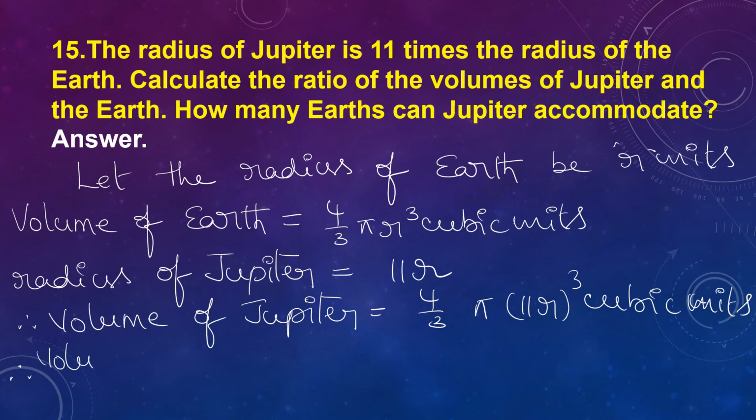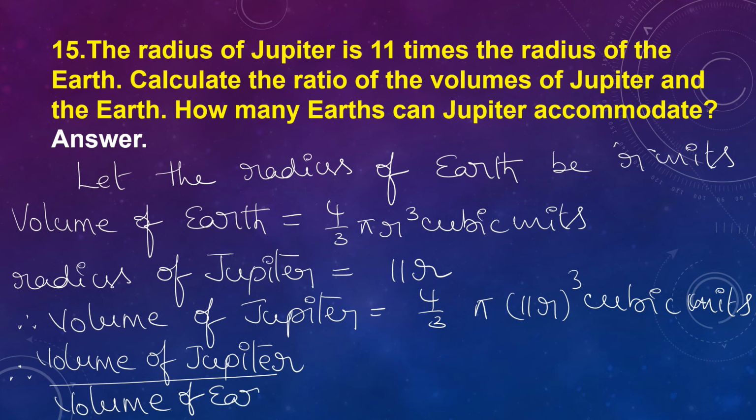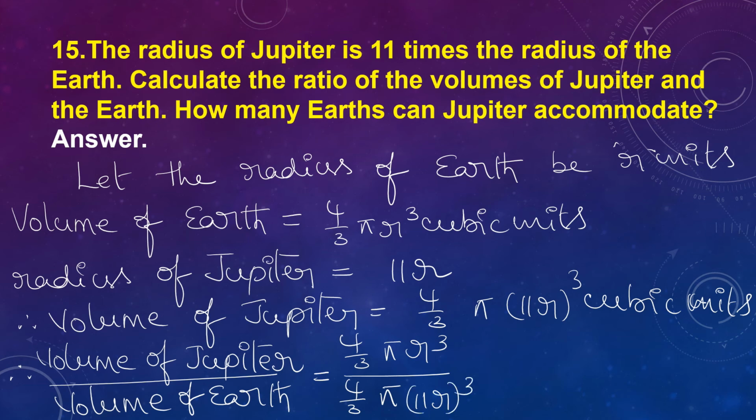Volume of Jupiter by volume of Earth is equal to 4 by 3 pi into 11r whole cube, divided by 4 by 3 pi r cube. So 4 by 3 pi cancels, and r cube cancels.